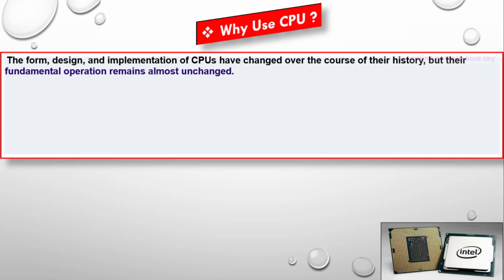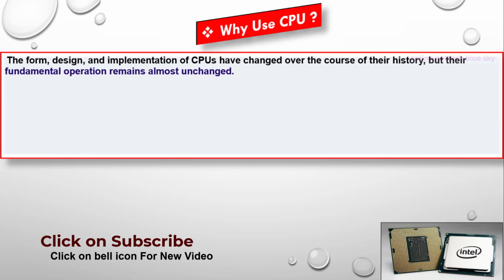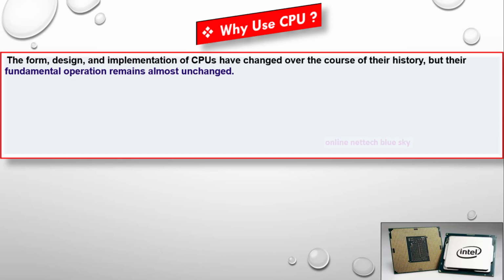This is one type of CPU, a central processing unit, and this processor is very small, tiny, and cheap. It does not consume as much power compared to the old generation CPU and old generation computer.